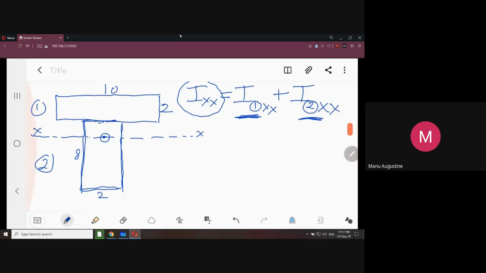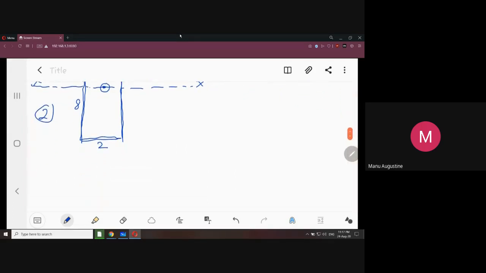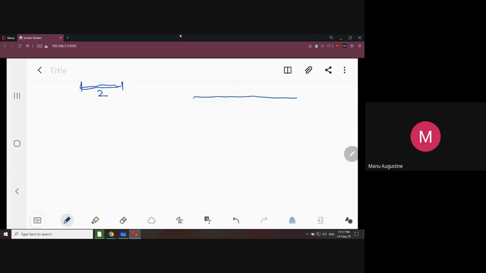I will take the T section once again, and let me draw it in a different way this time. I am drawing the overall centroid of the area with a dot and a circle around it.